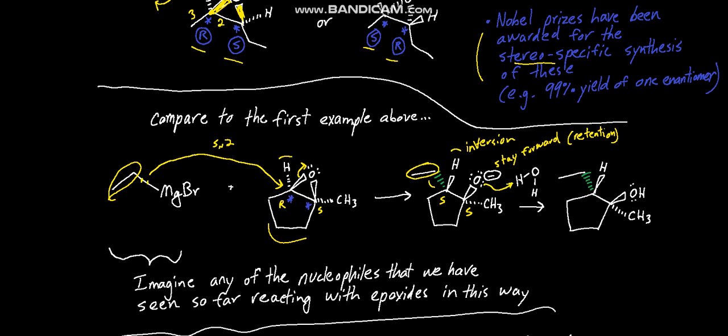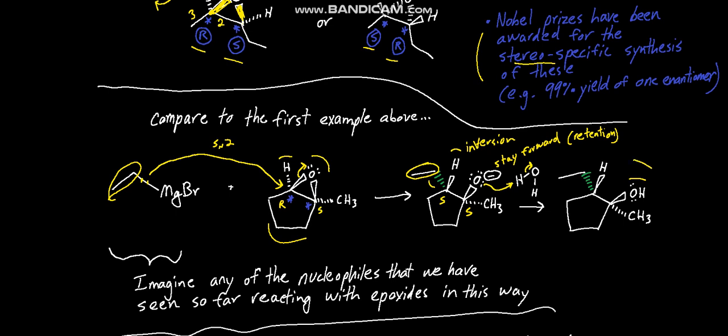Notice the electrons on oxygen. Another lone pair is gained. There's 3 lone pairs here. When we add water in these reactions to finish it off, we just protonate. Following those arrows, you get the alcohol. So, inversion at the site where the nucleophile is added, retention because the oxygen just sort of swings over.